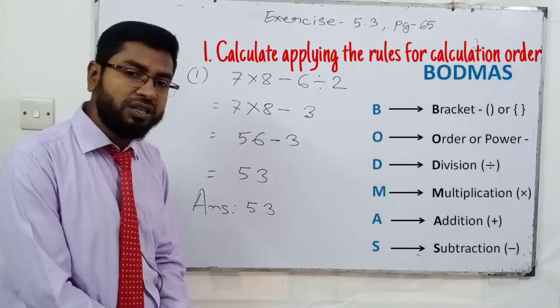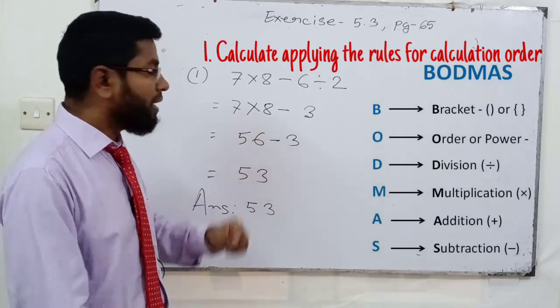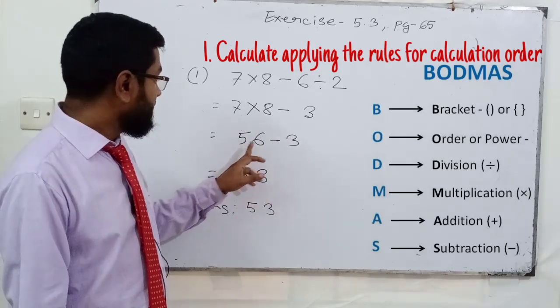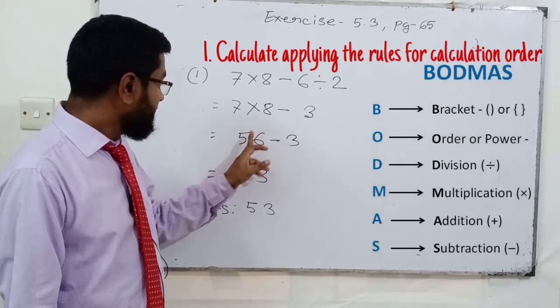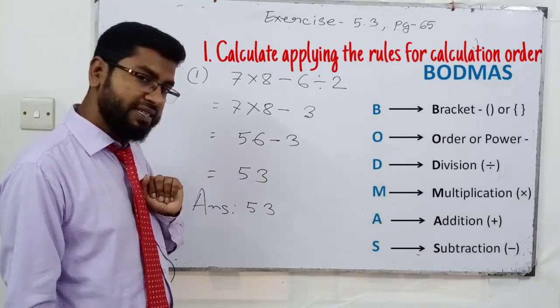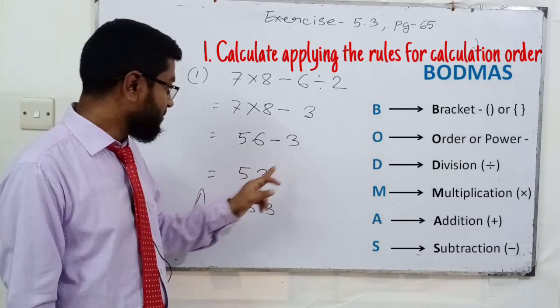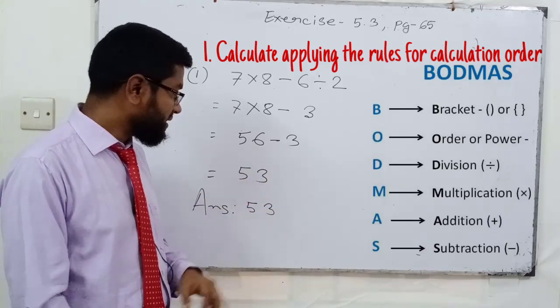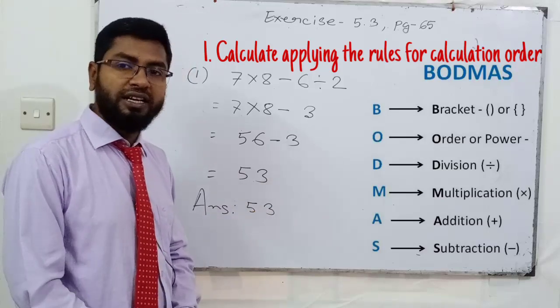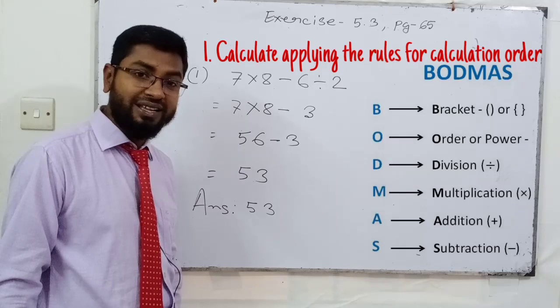Among them, which operation will we solve first? Yes, multiplication. That is 7 multiply 8, it will be 56. Now subtract it. What will be 53? That is the answer. Have you understood?